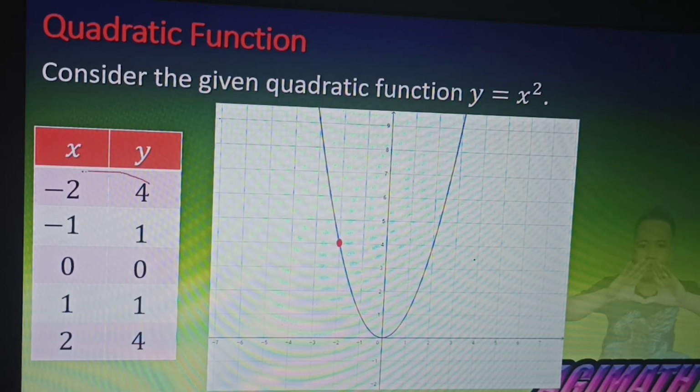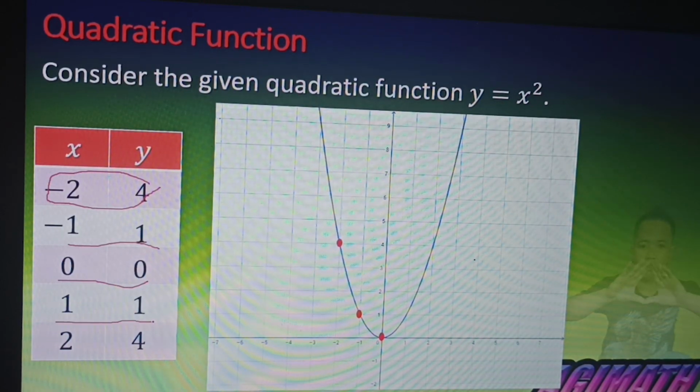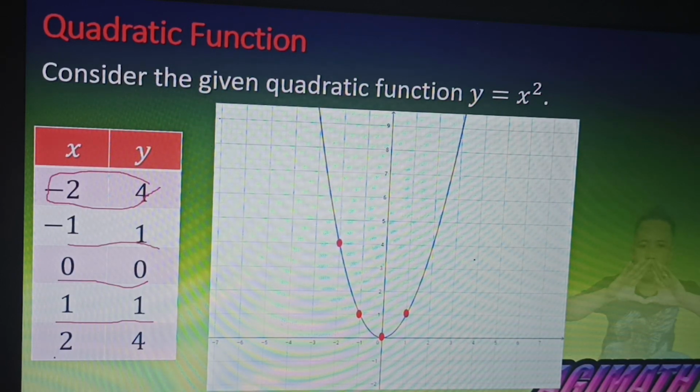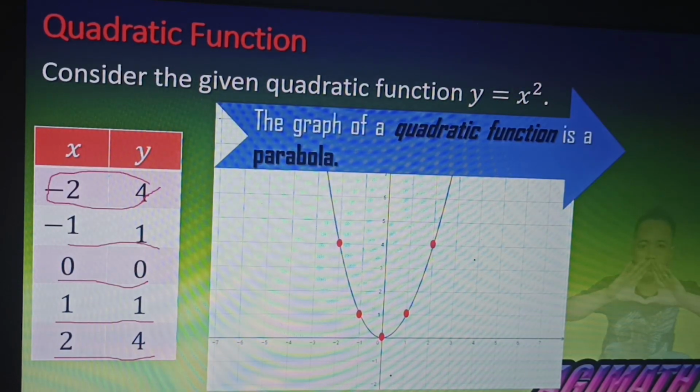Next is negative 1, 1, my favorite hero. Then 0, 0, that's the origin. Then 1, 1, my favorite hero again. Then we have 2, 4. When I connected them, it forms a smooth curve. This graph is called a parabola. So the graph of a quadratic function is a parabola.